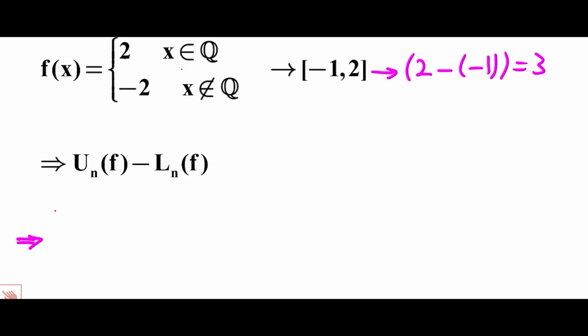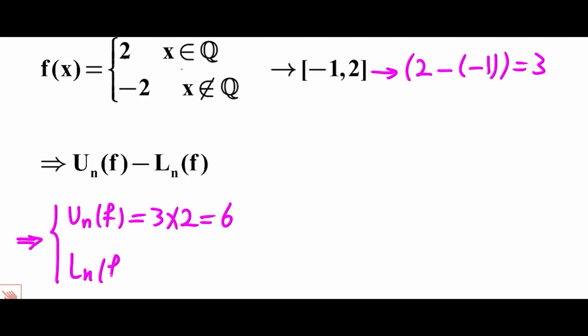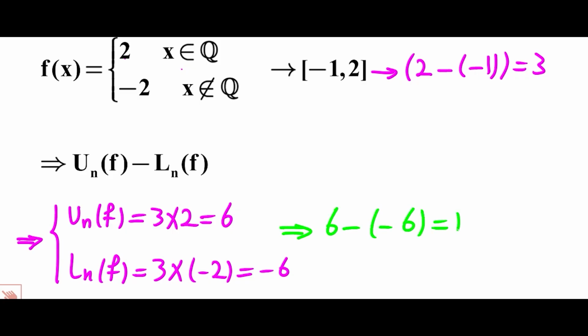So Un of f equals the length 3 times the maximum value 2 equals 6, and Ln of f equals the length 3 times the minimum value negative 2 equals negative 6. And next step, find the final difference: 6 minus negative 6 is 12.